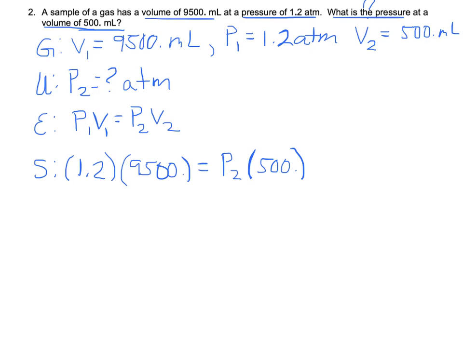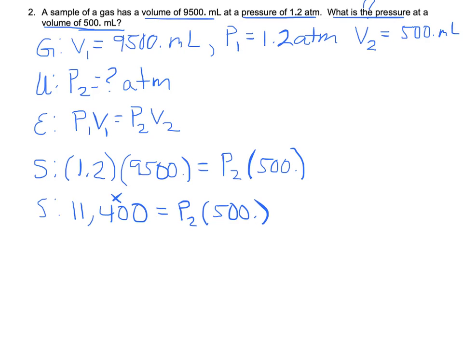So to solve this, the first thing we need to do is multiply these two numbers since they are next to each other. So when we multiply 1.2 times 9,500, we get 11,400. And that is equal to our final pressure times 500.